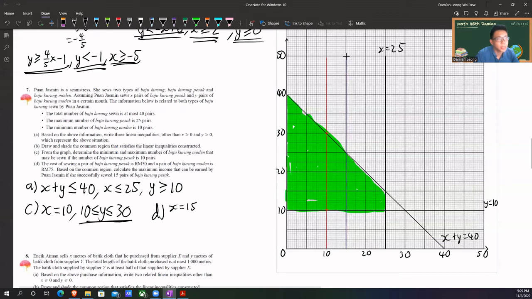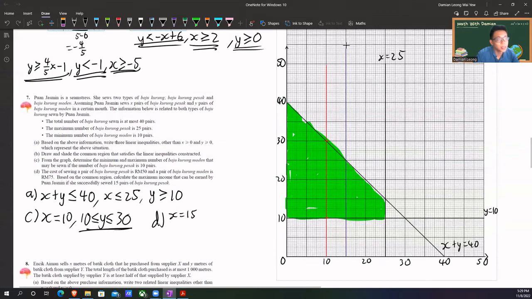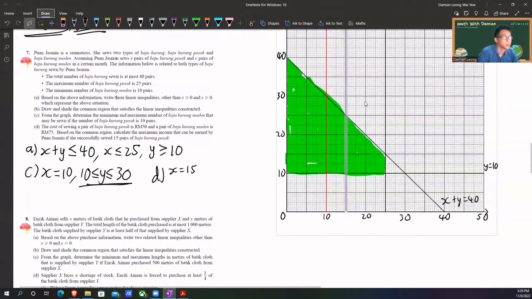So the maximum will be when y is also maximum. So maximum y is here 25.